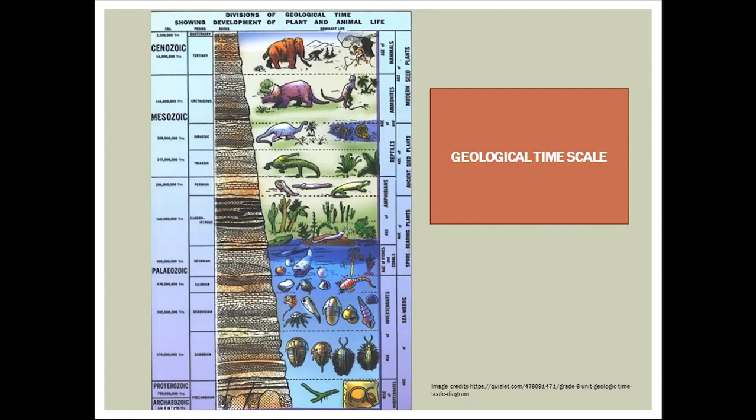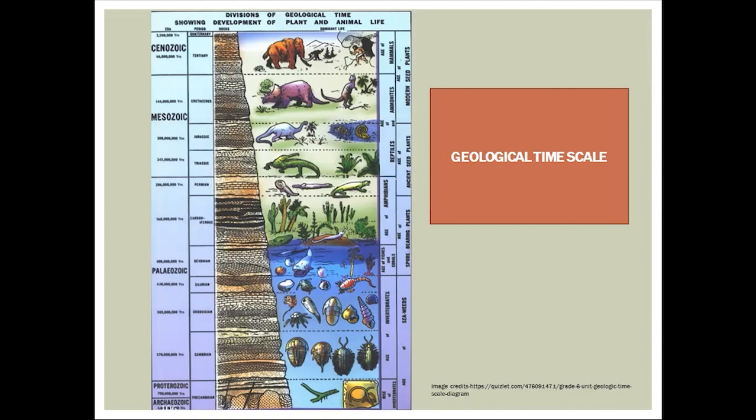An era consists of many periods, periods consist of epochs, and epochs consist of ages. So the events in the Earth's history, or the timeline, are studied by the information obtained from the different layers of the rocks and the fossils that were found in them.